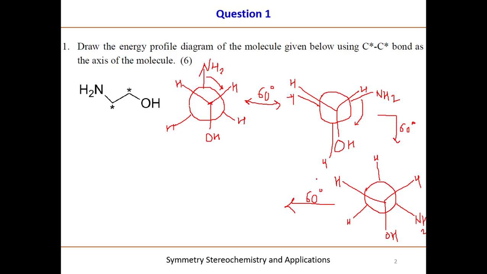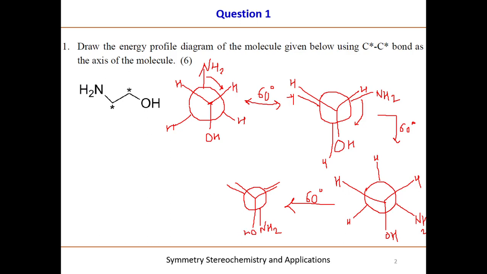60 degrees. What will happen? We will get the eclipsed conformation. That means the dihedral angle between the two planes will be 0.